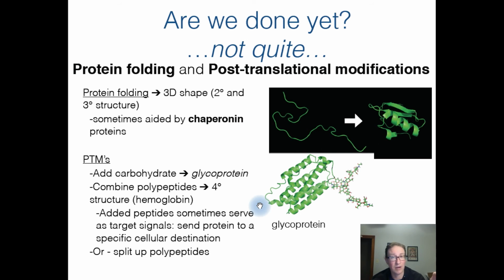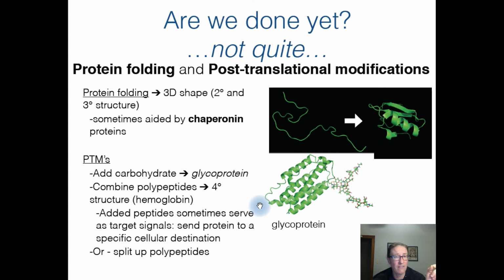I've labeled them on this slide as the post-translational modifications. Just as a reminder, we're going from a linear sequence of amino acids to a three-dimensional shape. So there can be both secondary and tertiary structure, right? The secondary structure is due to hydrogen bonding by the amino acid backbone, and the tertiary structure is determined by interactions among amino acid side chains.